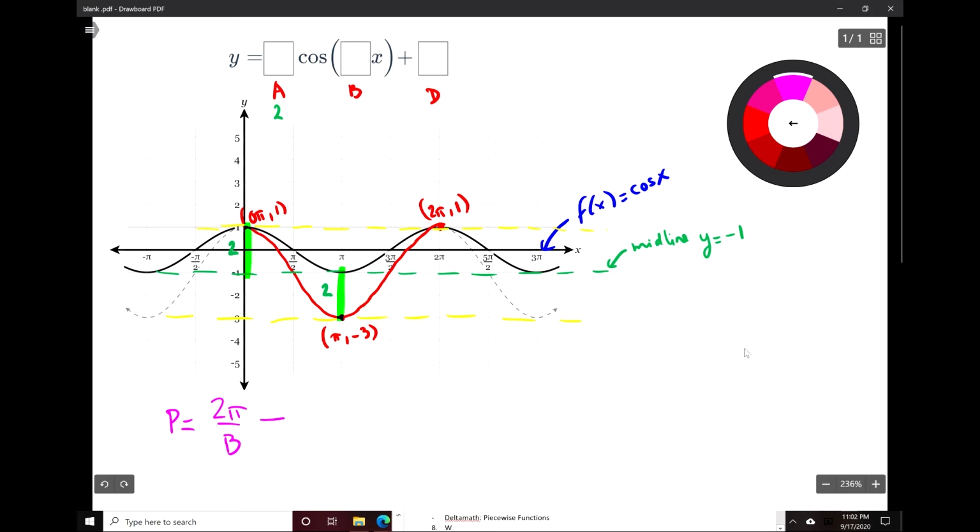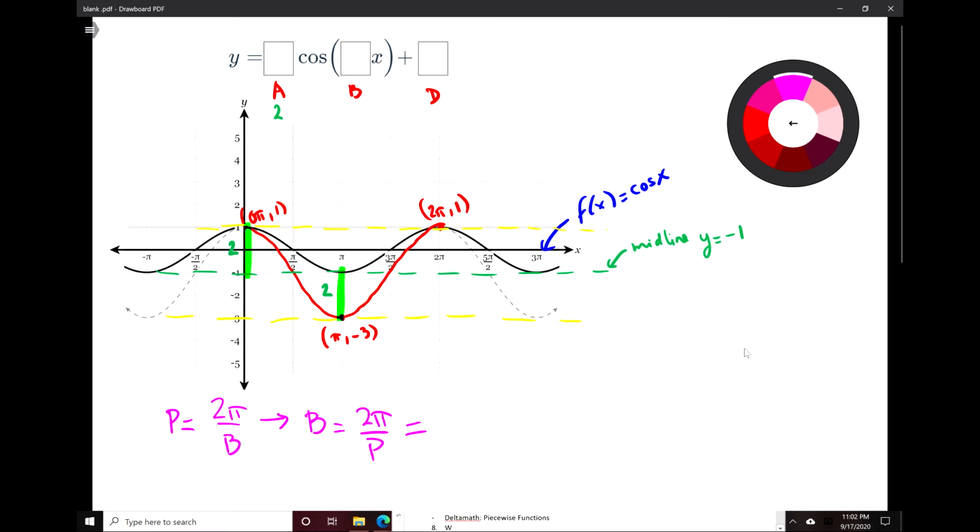So if we want to find b, we take 2 pi divided by the period. How do we find the period? The period is the distance between two consecutive maximum points or two consecutive minimum points.